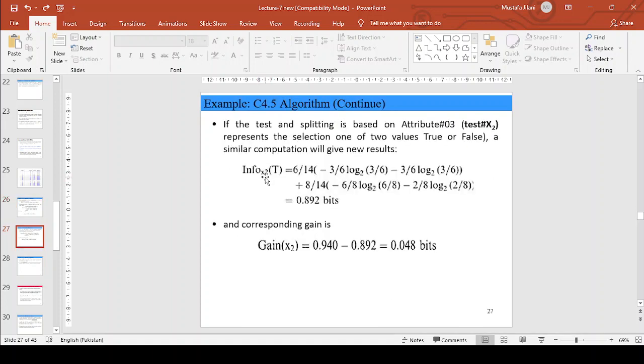It is called x2, but basically it is the feature or attribute 3, we're calling it the second split. You see the entropy is very high and the gain value is 0.048. That means this variable does not have much information. It is not very useful to use this variable as the parent node, so we will not go with this.